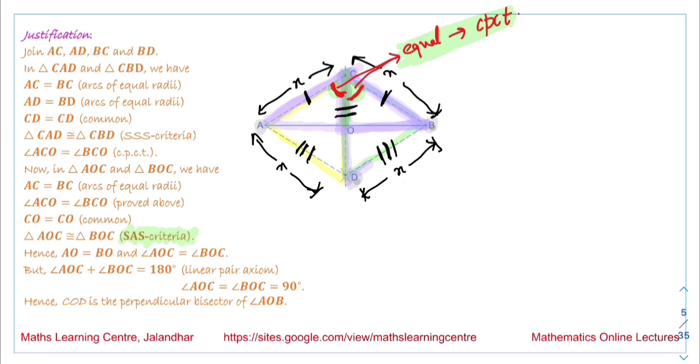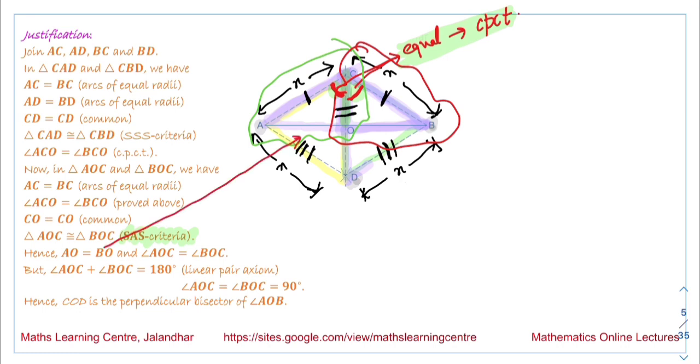We are talking about these two triangles, CAO and COB. Both are congruent to each other, so we get that AO is equal to BO, and these two angles are also equal. These two angles form a linear pair at this point.